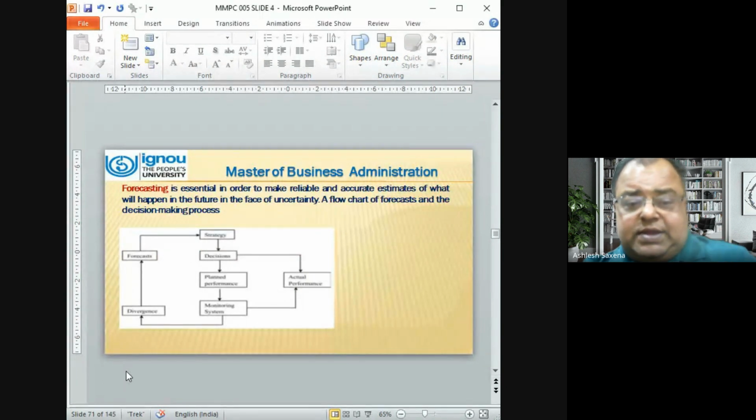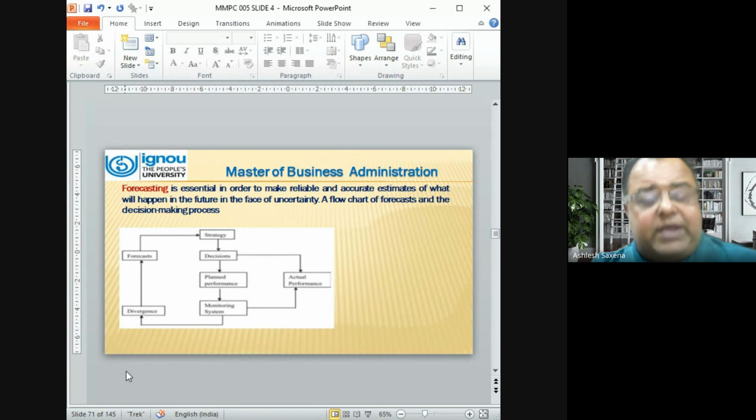Forecasting is essential in order to make reliable and accurate estimates of what will happen in the future in the face of uncertainty. A flowchart of forecast and decision making processes is shown over here.